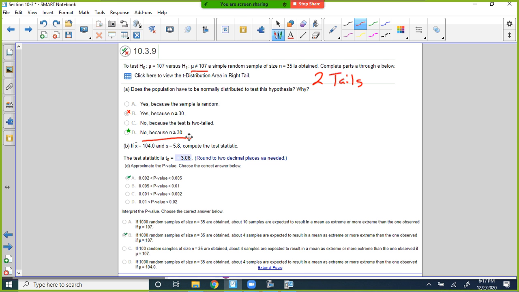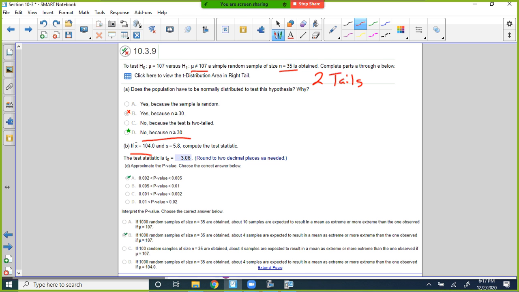No. It's no because n is greater than 30, and it tells us it's greater. Sample size was 35, n is 35. Okay. I just looked at it and saw the n is greater than 30, clicked that, and I was like, duh.